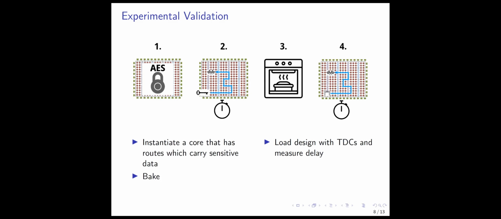Then we load the design with our time-to-digital converters and measure the delay through those routes which previously held the sensitive data, an AES key, for example. Then we repeat this process over and over again to study how the timing delay changes over time through these sensitive routes based on what value is actually being held in that sensitive route.